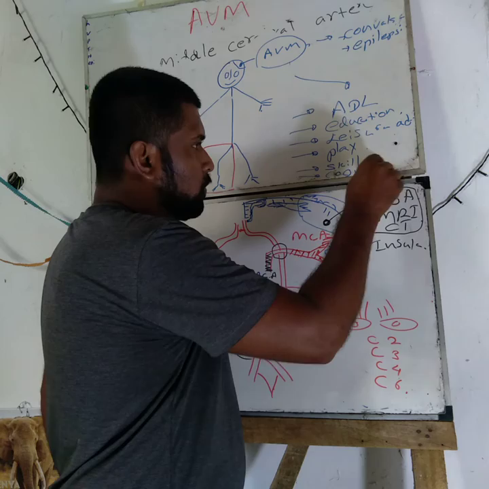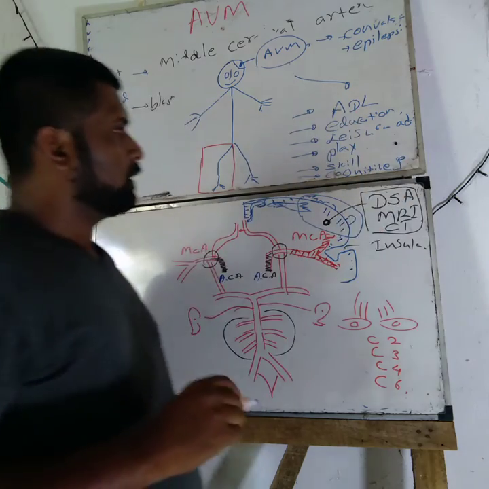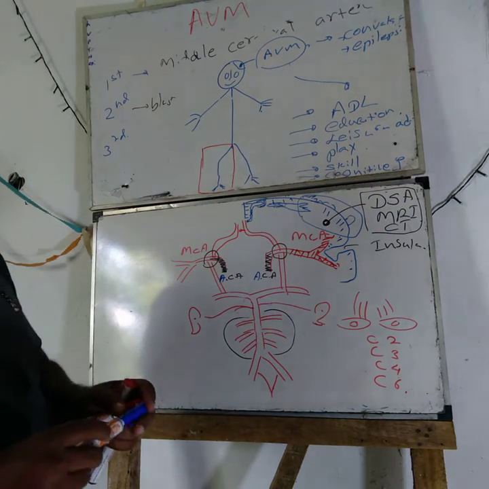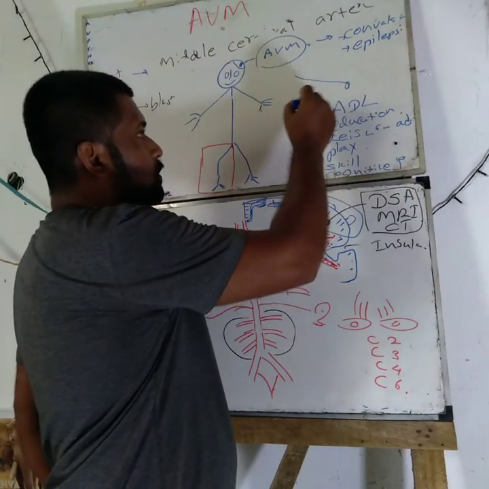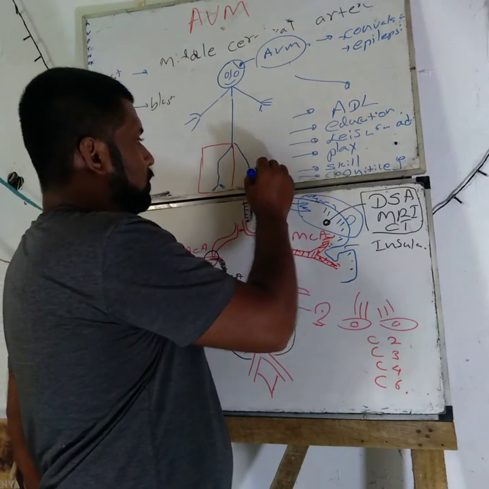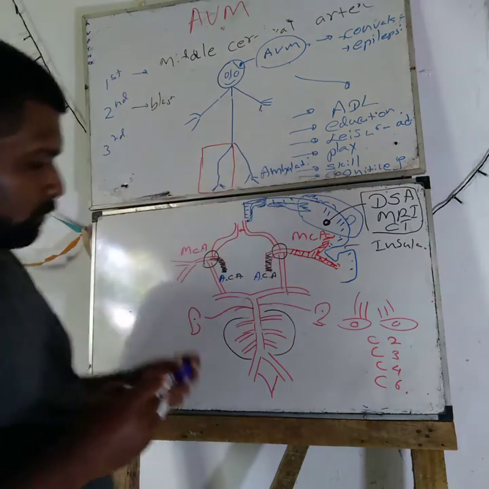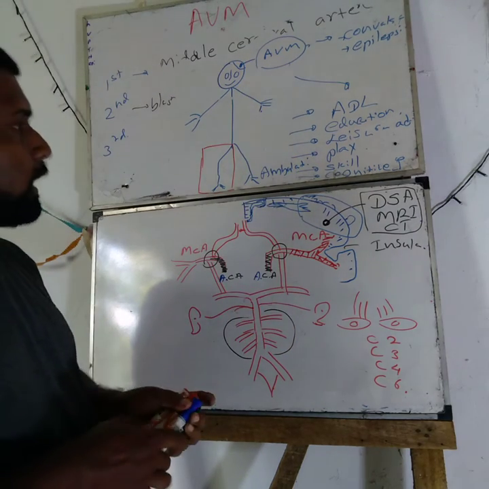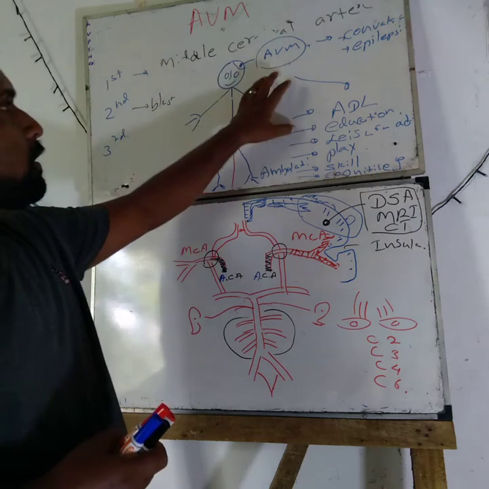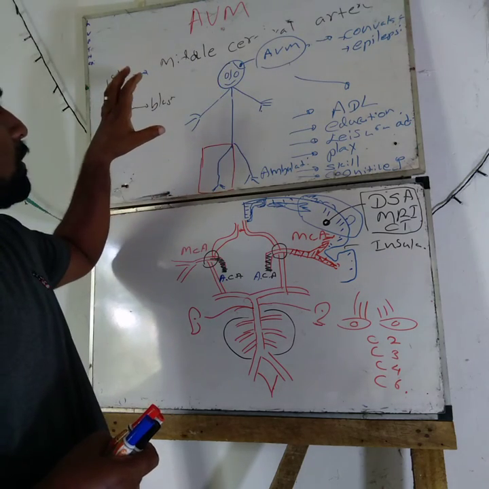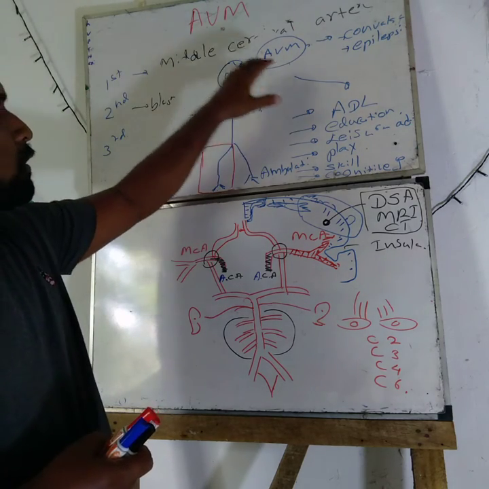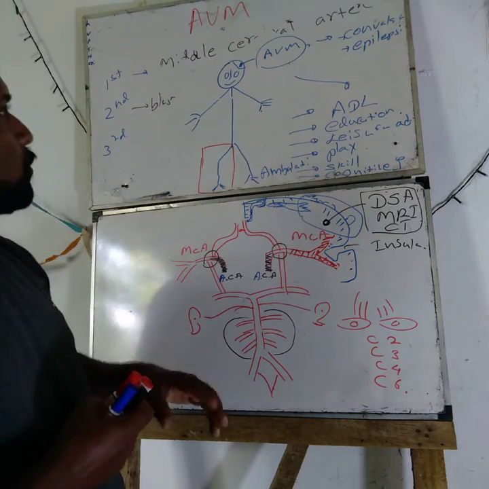Cognitive function is most important. Ambulation is also most important too. Those are some of the things we have to gain for this young adult person who has AVM damage.